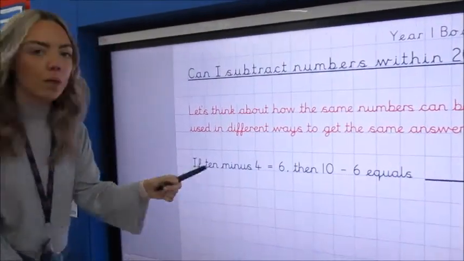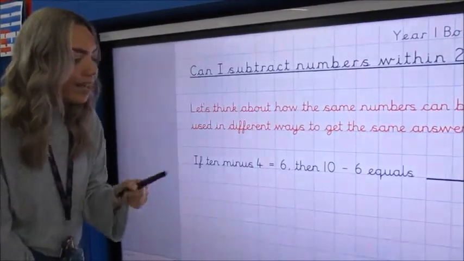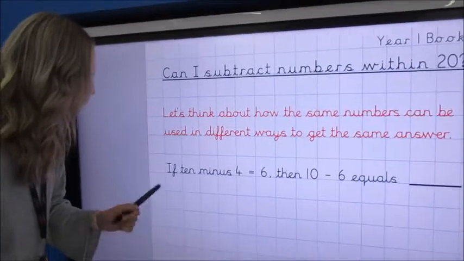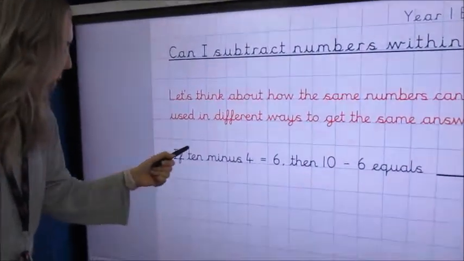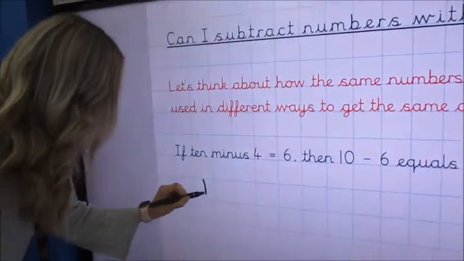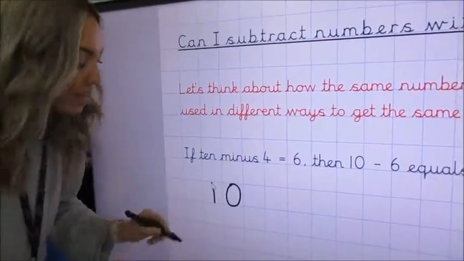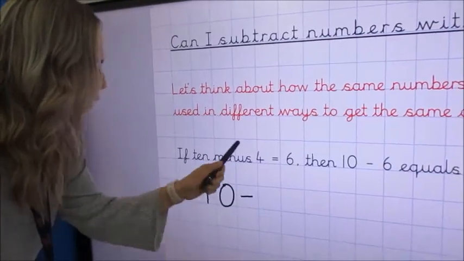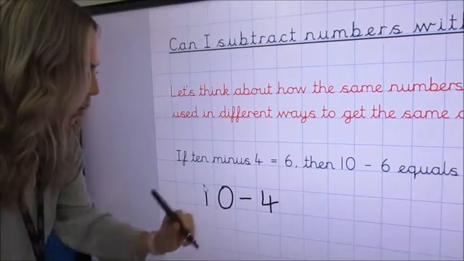So let's have a look at what we need. We need to be able to get a sum together, okay? So let's start then with some of the numbers that we've got. So if 10 minus, we know that means take away, 4 equals.